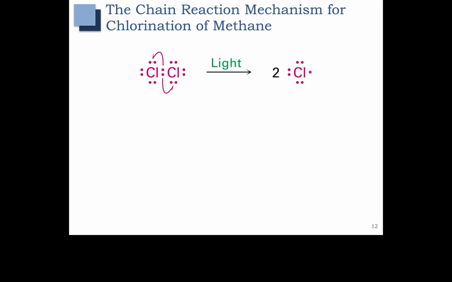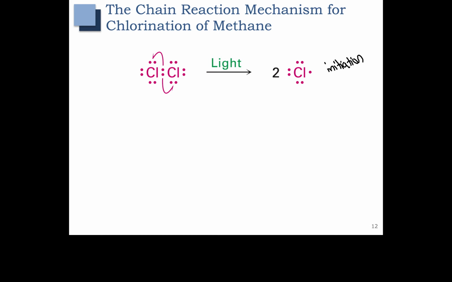Chlorination and bromination occur via what we call a chain reaction mechanism. So you can see in this first step, an initiation step. This is where we are forming the free radicals. Cl2 is split by light into two Cl radicals.